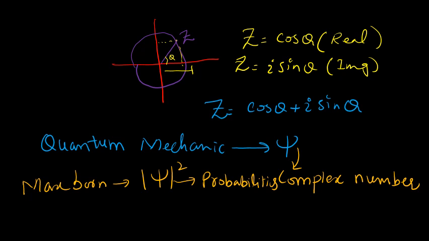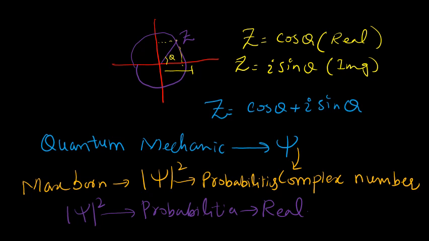So if we write the wave function for our system, the possible probabilities will be equal to the psi amplitude squared, and you know that probabilities are always real.